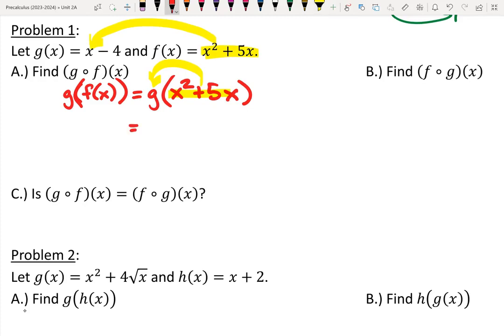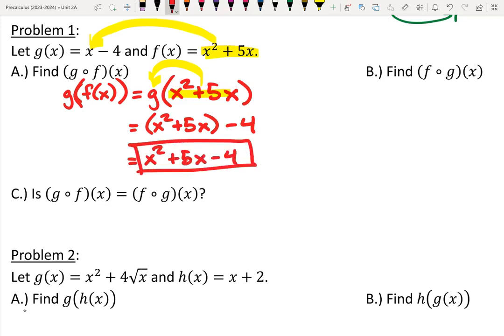So instead of x minus 4, what am I now going to have? Minus 4, right? So wherever I saw x in g, I now replaced it. Now this doesn't have anything to distribute or anything like that, so I can just write that as x squared plus 5x minus 4. That would be my answer for part A.